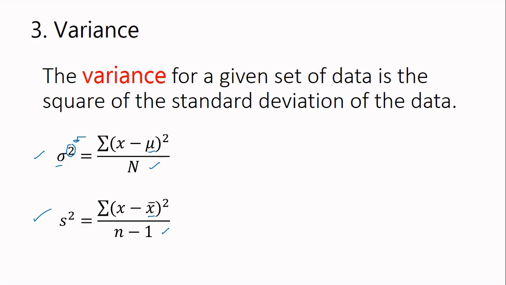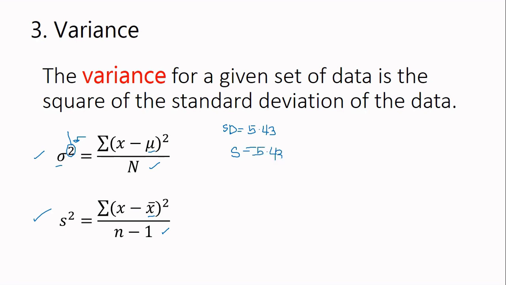So if you are given a standard deviation, like a standard deviation of 5.43, what is the variance? The variance is just that squared. So to solve for the variance, this would be the sample standard deviation.